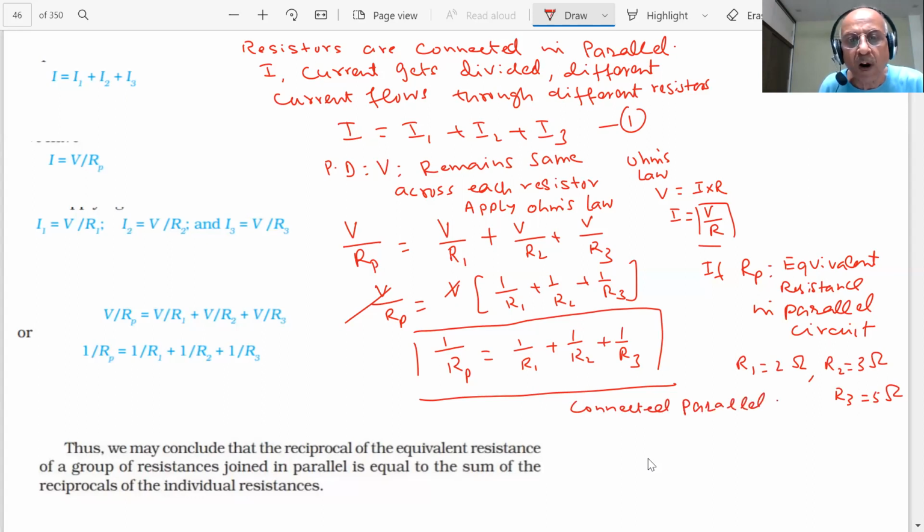Then what is the equivalent resistance? You have 1 minute to solve the question. Find the value of the equivalent resistance by using this formula.